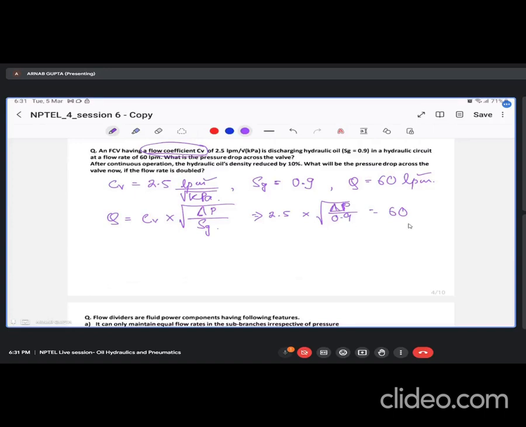The value, 60 divided by 2.5, that's 24, square, so 576, and then 518.4.